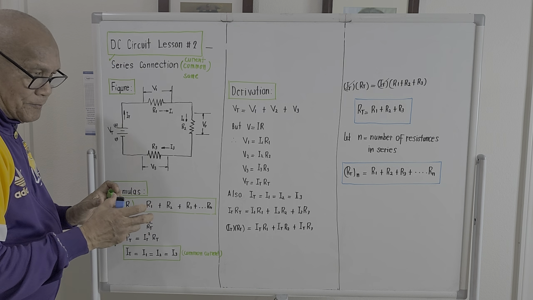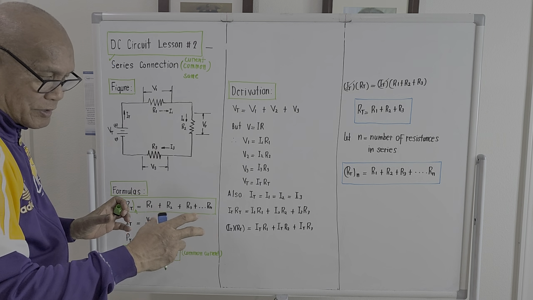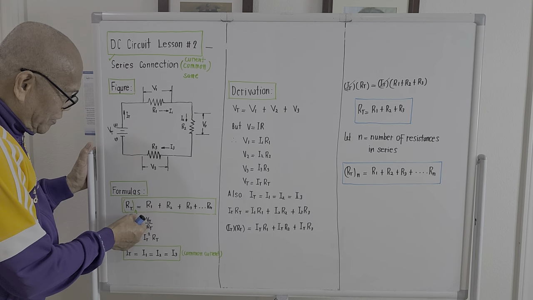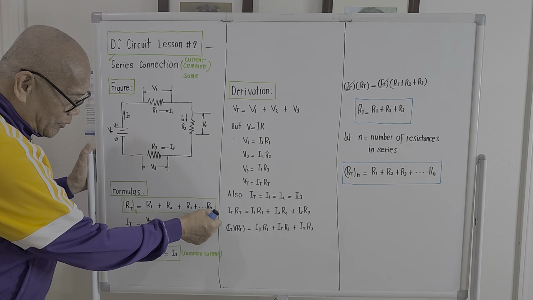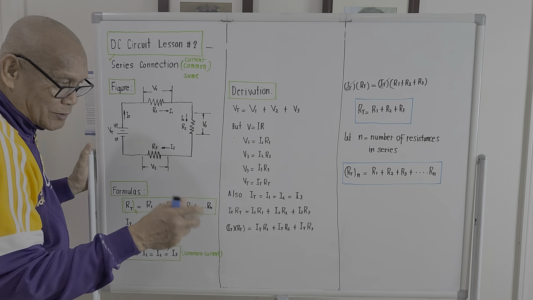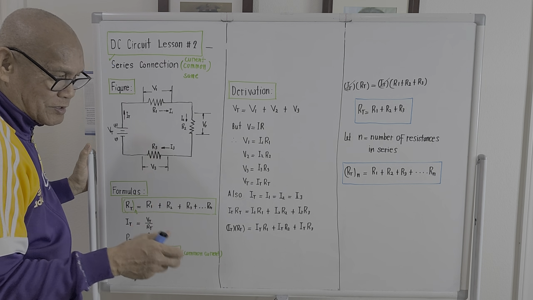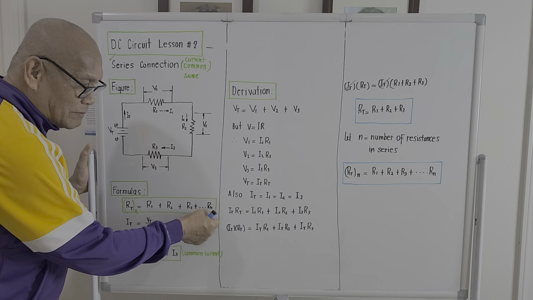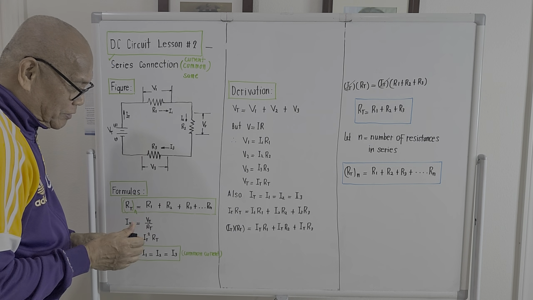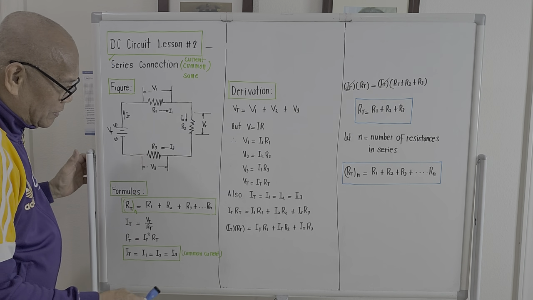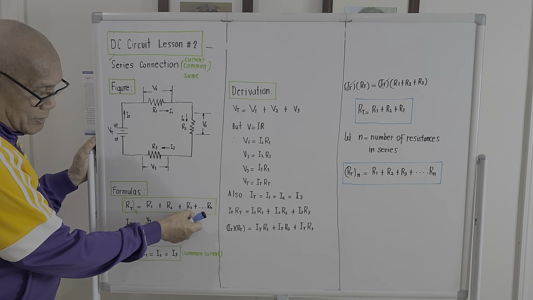If there are 4 resistances connected in series, this N here should be 4, so the last one should be R4. We do not know what the last resistance will be, so we simply place R sub N. If there are only 3 resistances connected in series, of course the last one will be R3.